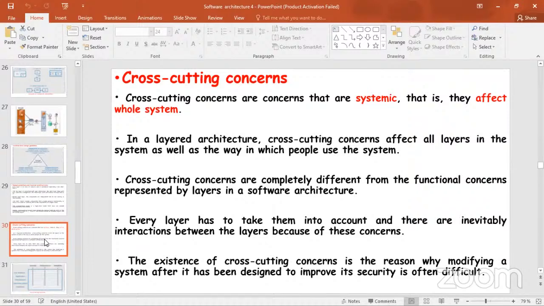Cross-cutting concerns are completely different from the functional concern represented by layers in a software architecture. Every layer has to take them into account. So every layer you design, we have to take into account as it affects this cross-cutting concern.